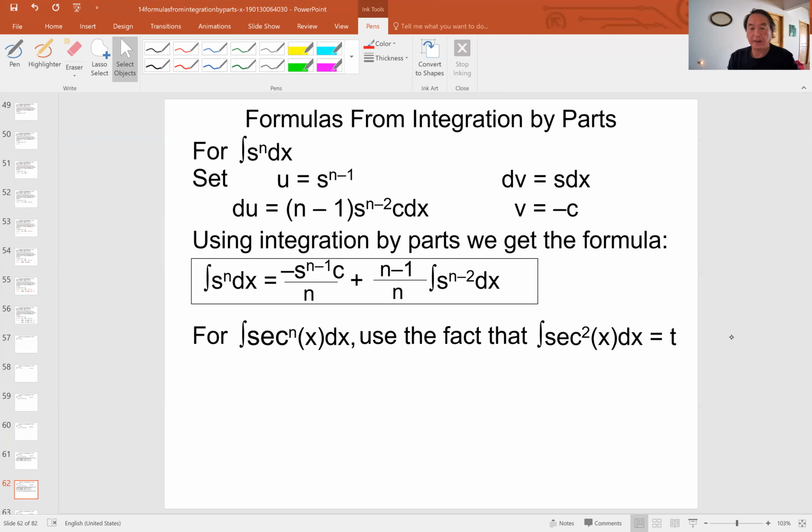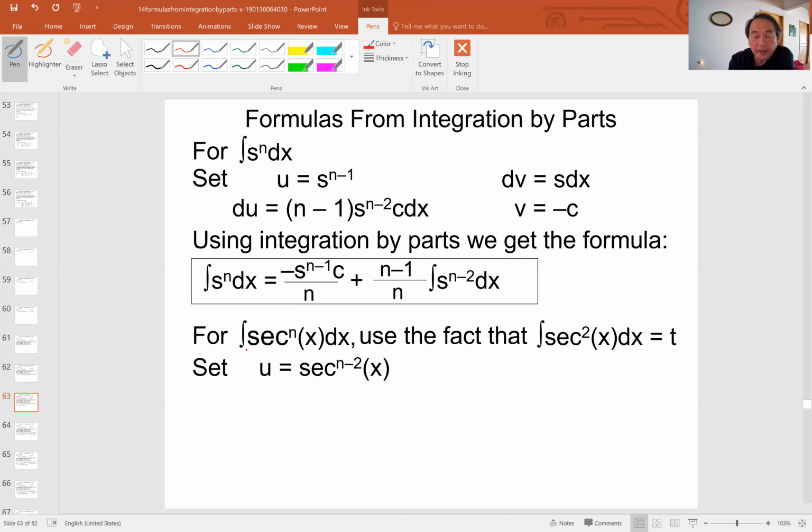How about for secant to the n? Okay. So for secant to the power n, again, we're going to separate when n is bigger than 2. We're going to separate out secant square first of all, itself tangent.